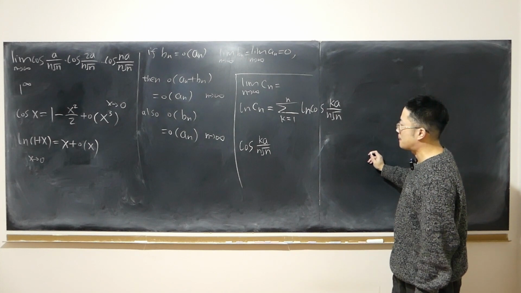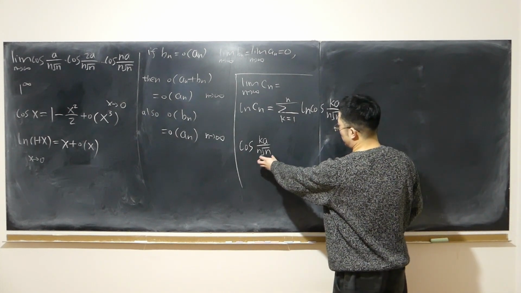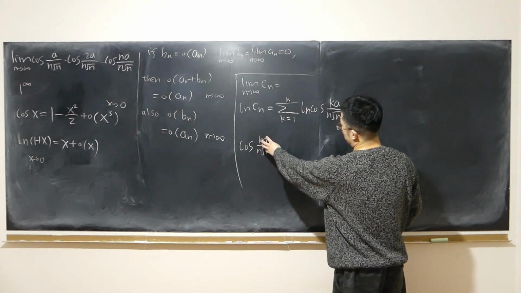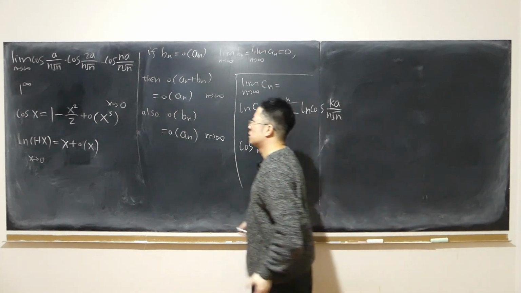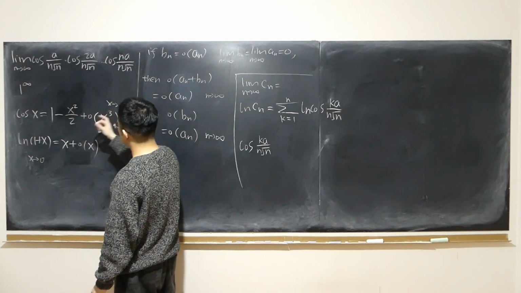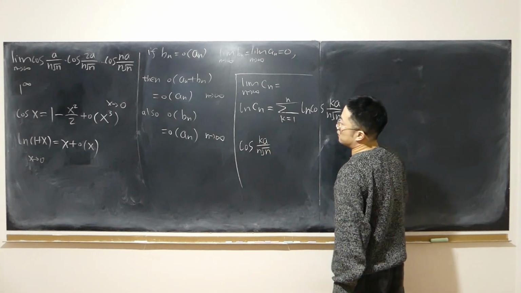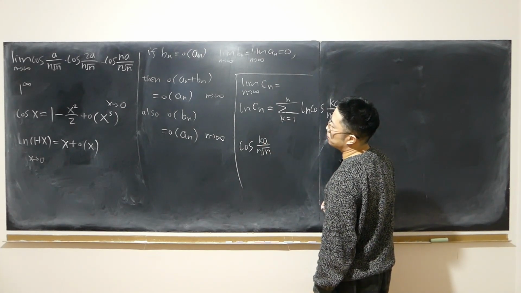What is that for fixed k? As n approaches infinity, the inside approaches 0, so we can just use Taylor expansion with Peano remainder as x approaches 0. I'm treating this as my x.